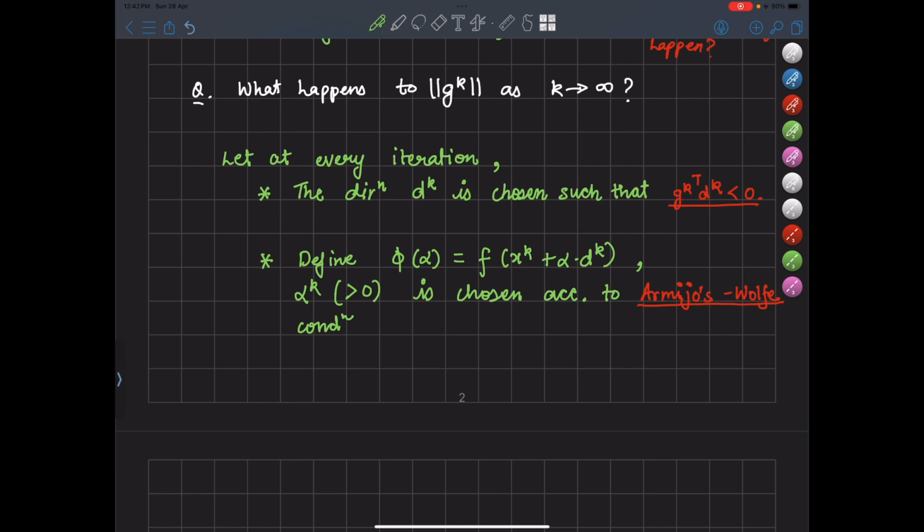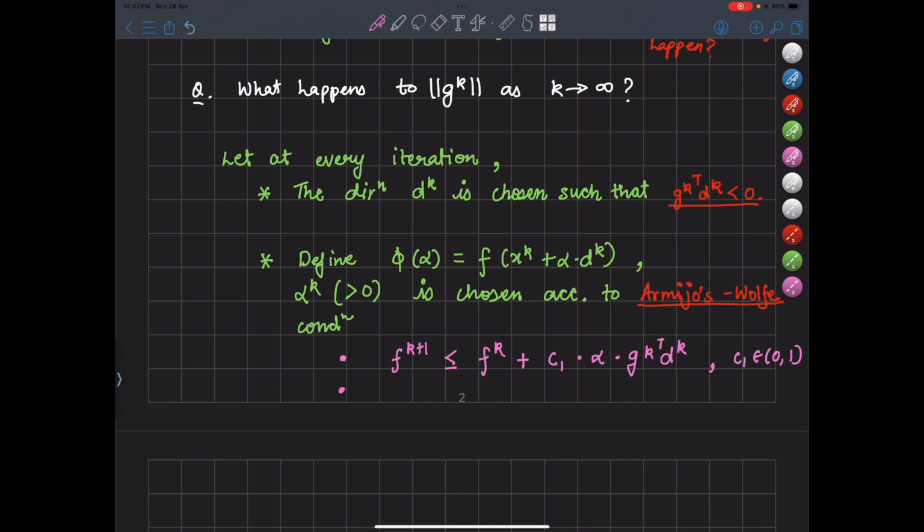The first, Armijo condition, is fk plus 1 is less than or equal to fk plus c1 times alpha k times gk transpose dk, where c1 is between 0 and 1. Okay, so this is the Armijo condition.